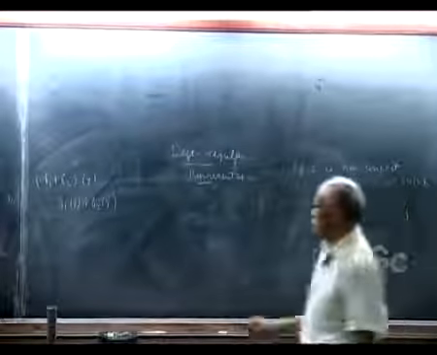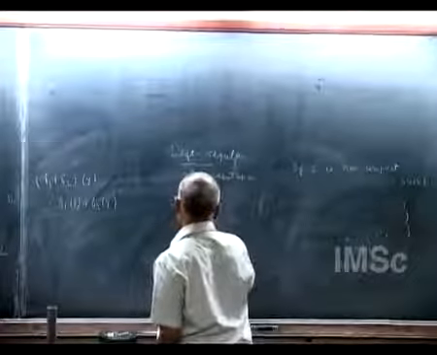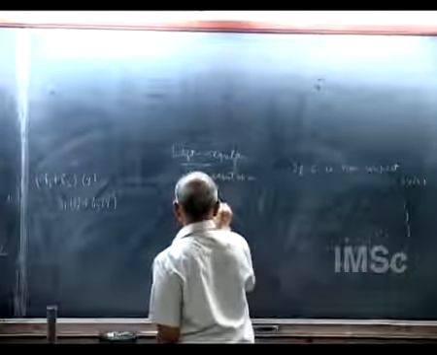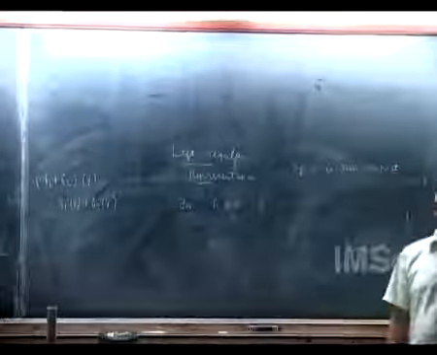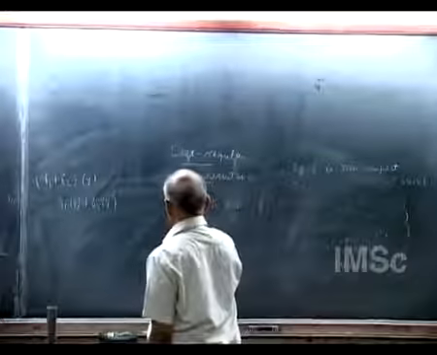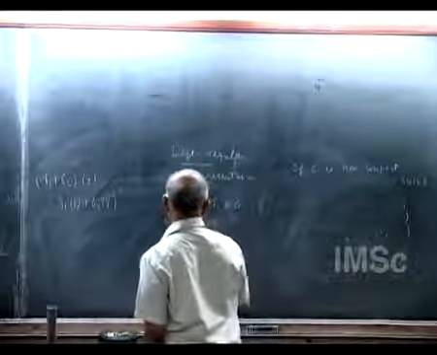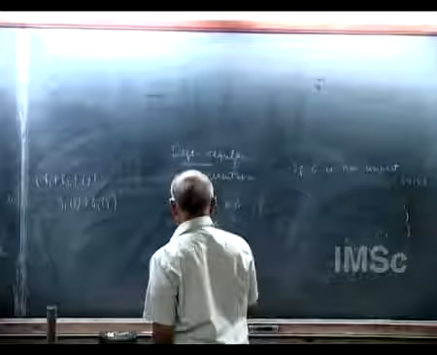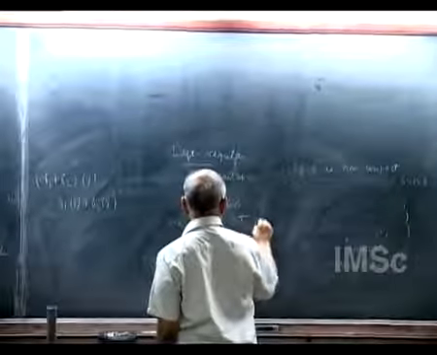So, for H in G, I assign a linear operator. We define a linear operator, let me call it TL of H. L denotes left.